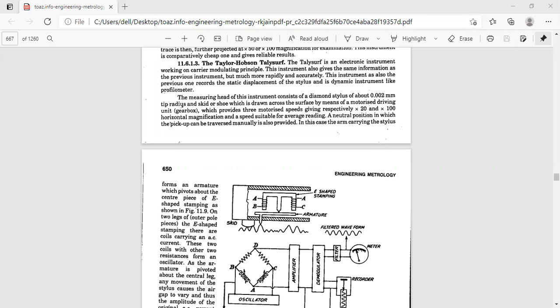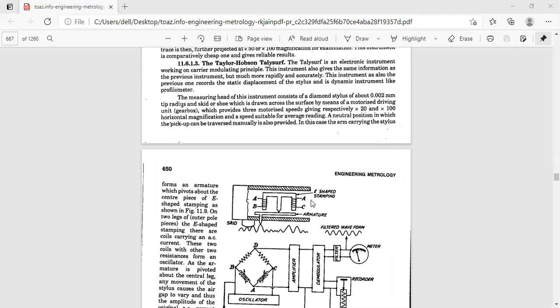So in this case, we have the E-shaped armature core. You can say it forms the armature, and we have two outer legs carrying the coils at their extremities.